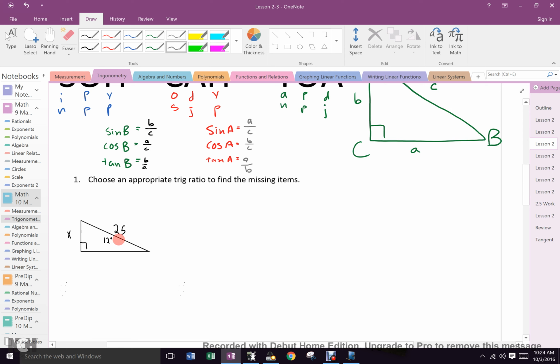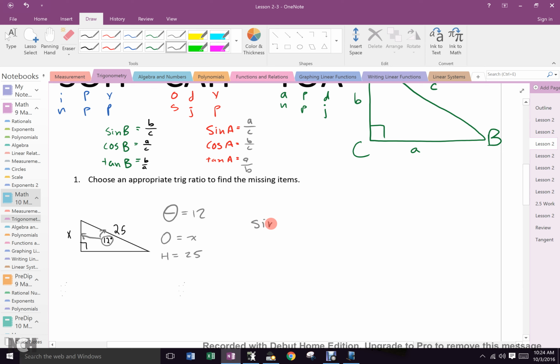So let's look at this question. What do I have? Do I have an angle that I know? What is it? So I have a theta. So that's the angle that I am going to start at. So if I'm starting there, what do I have? I have that and that. What two sides of the triangle is that? I have an opposite, which equals x, and I have a hypotenuse, which equals 25. What ratio uses O and H? Sine, SOH CAH TOA, right?